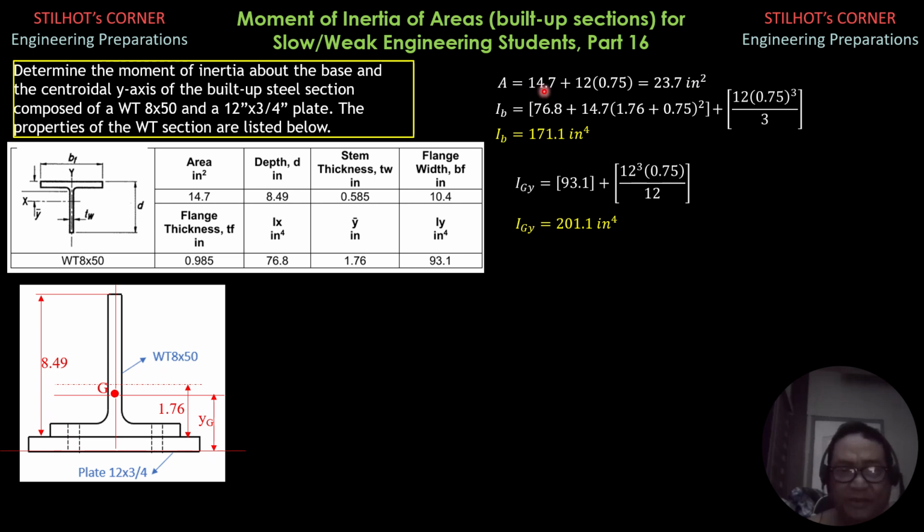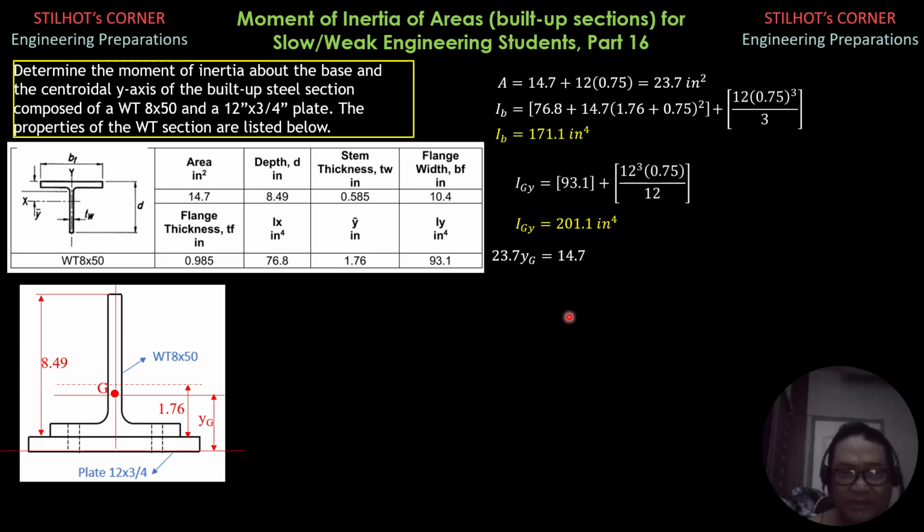I'll compute IGX from the formula IB equals IGX plus area times distance squared, where the distance is YG in this case.